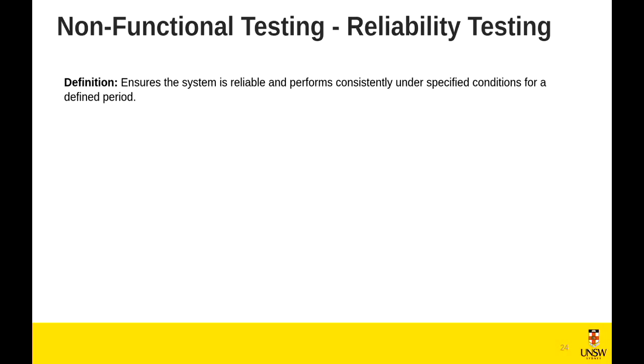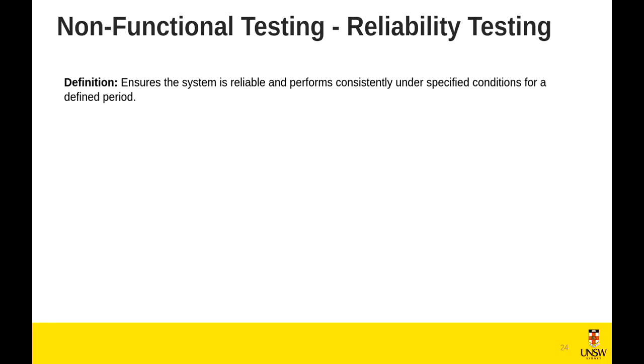A software is considered reliable if it seldom makes errors, or seldom runs into errors. So reliability testing is to test whether the system is reliable and performs consistently under a specific condition for a particular period of time.